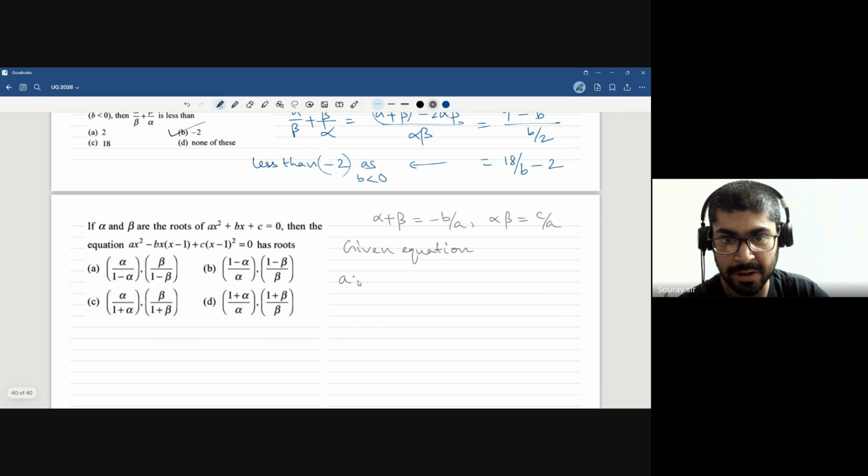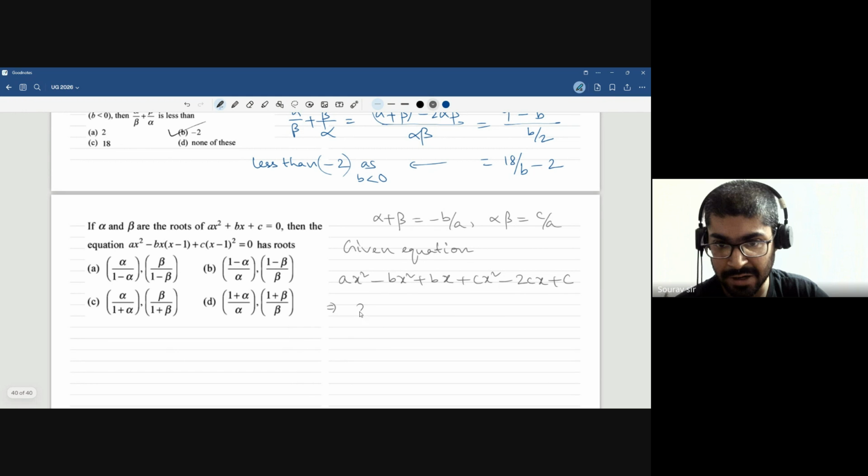So ax square minus bx square plus bx plus cx square minus 2cx plus c, right? That is your minus b by a and c by a. You will get it from here.